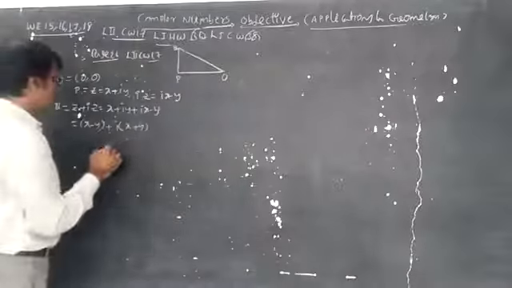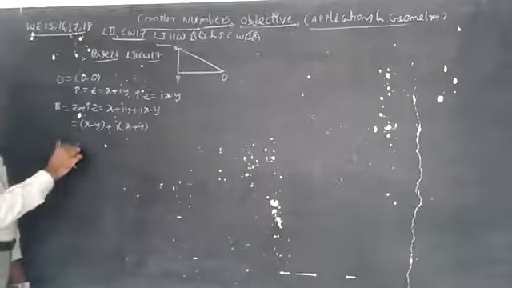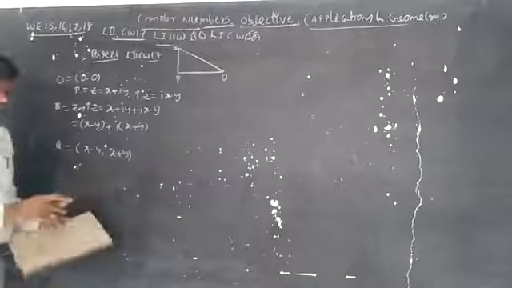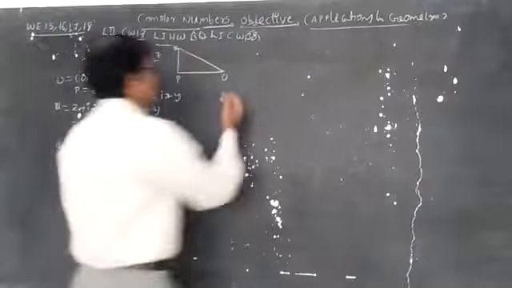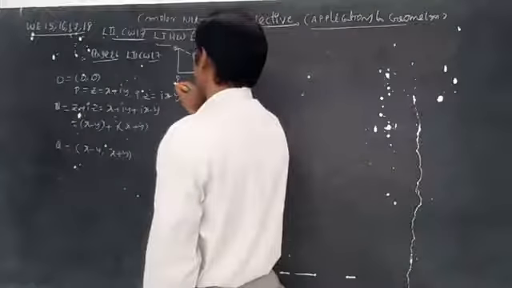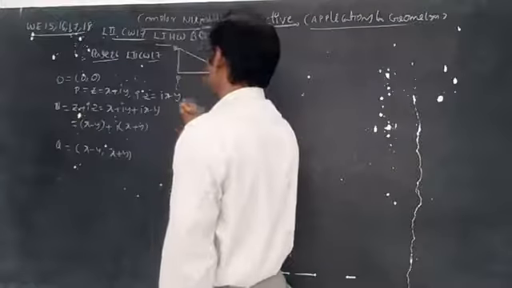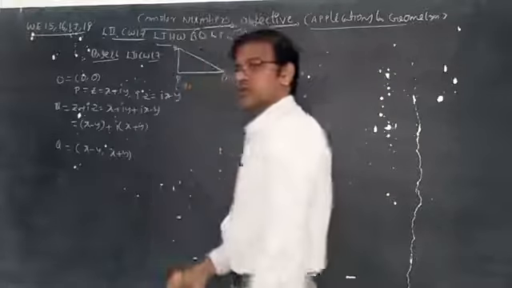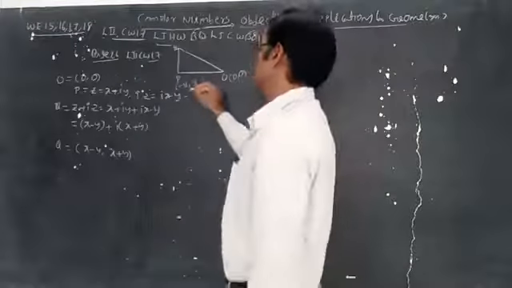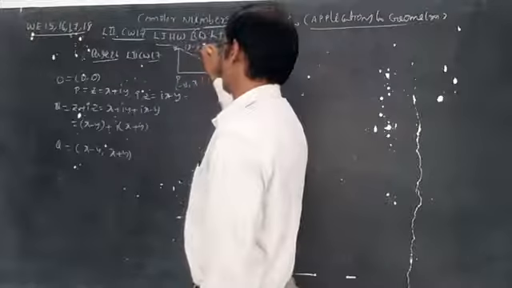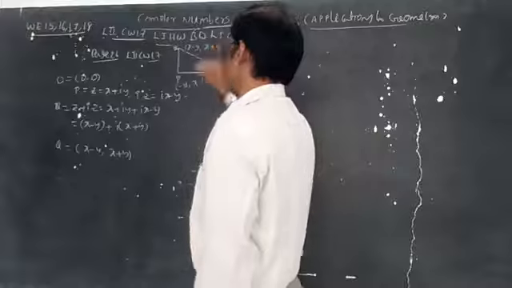So Q you can write according to coordinates as x minus y comma x plus y. O is 0, 0. P is equal to minus y comma x, because ix minus y gives the real part minus y first, then x. Q is equal to x minus y comma x plus y.